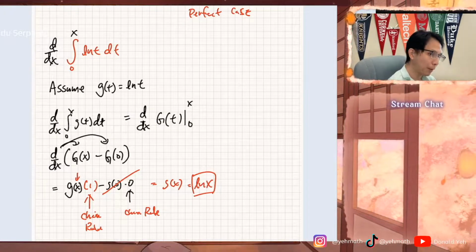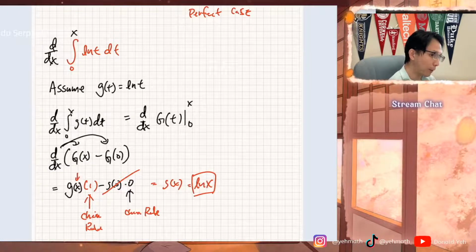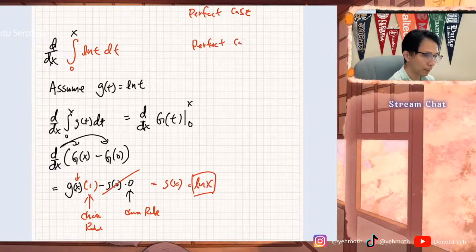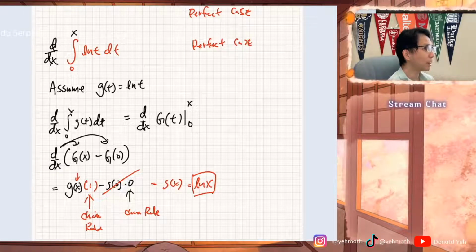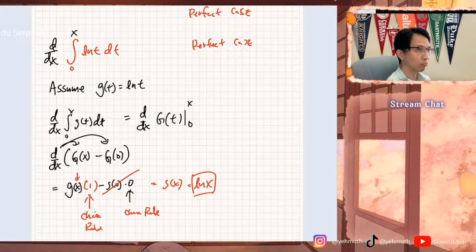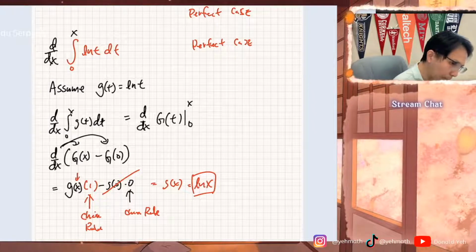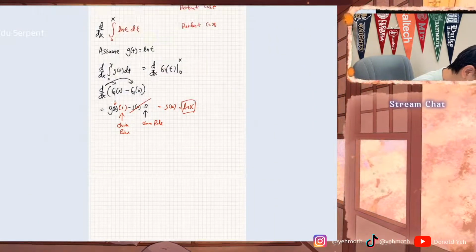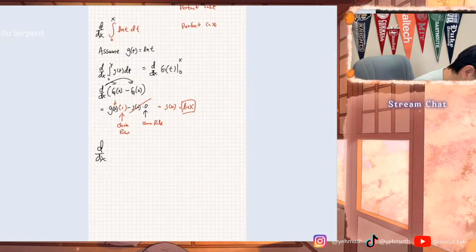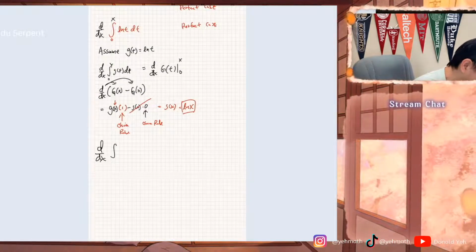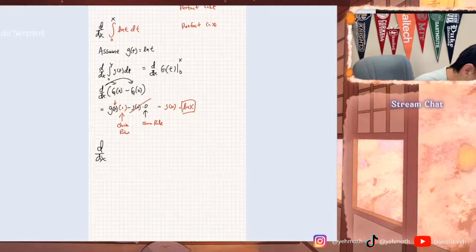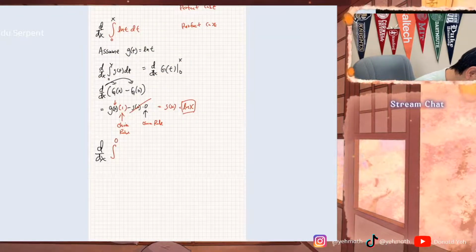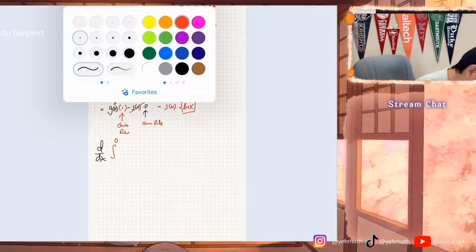Now this is a perfect case. What happens if the case is not perfect? I'm going to give you a question that's not a perfect situation: d/dx of the integration between 0 to x squared.